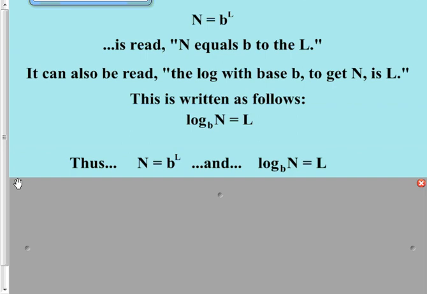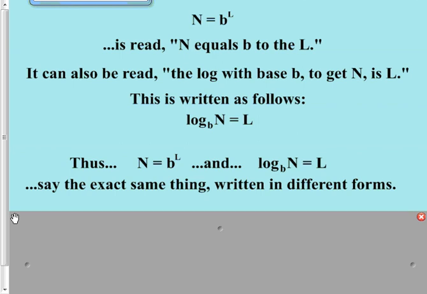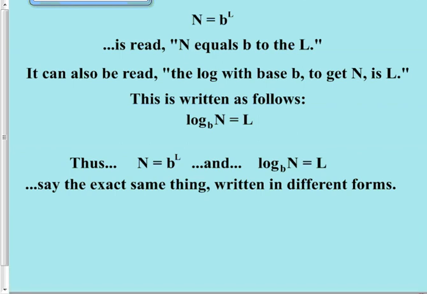On the right, we have the logarithm of base b of a number is equal to the logarithm L. Those say identical things written in different forms. This is going to take some getting used to. Obviously these look drastically different from each other, but mathematically they mean the same thing.